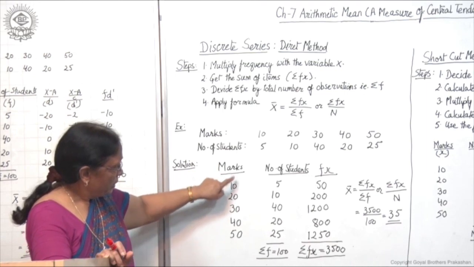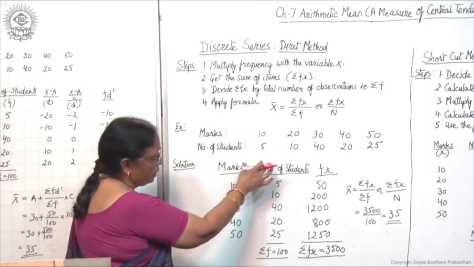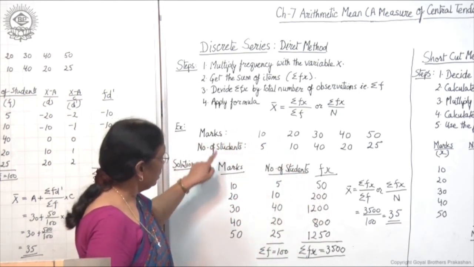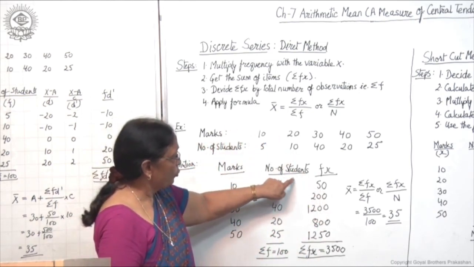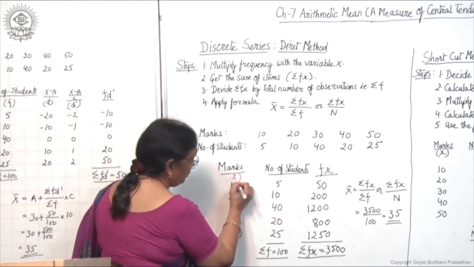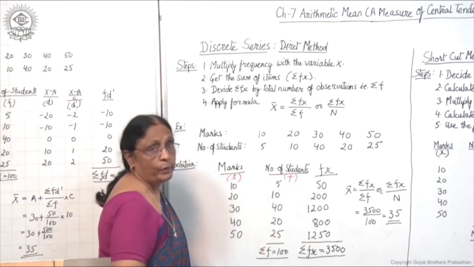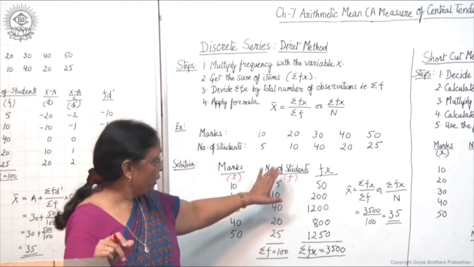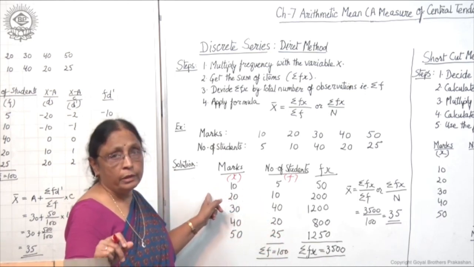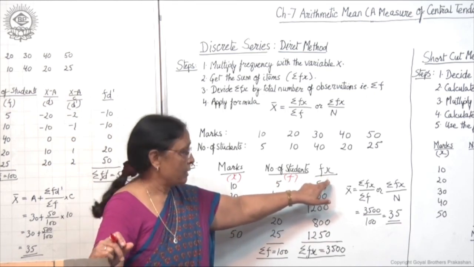So see this table, the same table for the solution I have written in this form: marks and number of students. Marks will be the x column, number of students will be frequency, because this shows the frequency of children in a particular category of marks, and the third column will be fx.